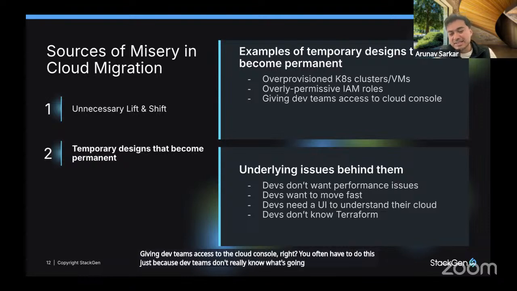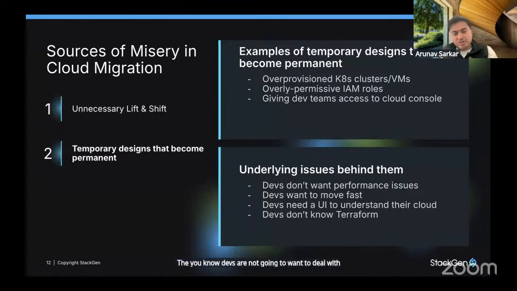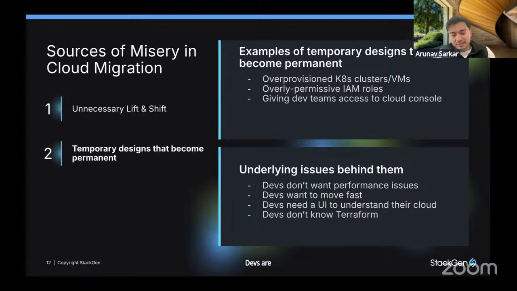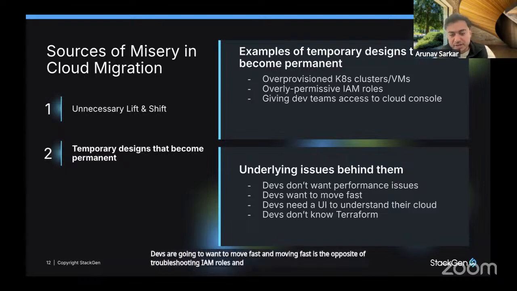And if we dig into the underlying issues behind these temporary designs, right? Devs are not going to want to deal with performance issues when they're going through a migration. Devs are going to want to move fast, right? And moving fast is the opposite of troubleshooting IAM roles and permissions issues, right?